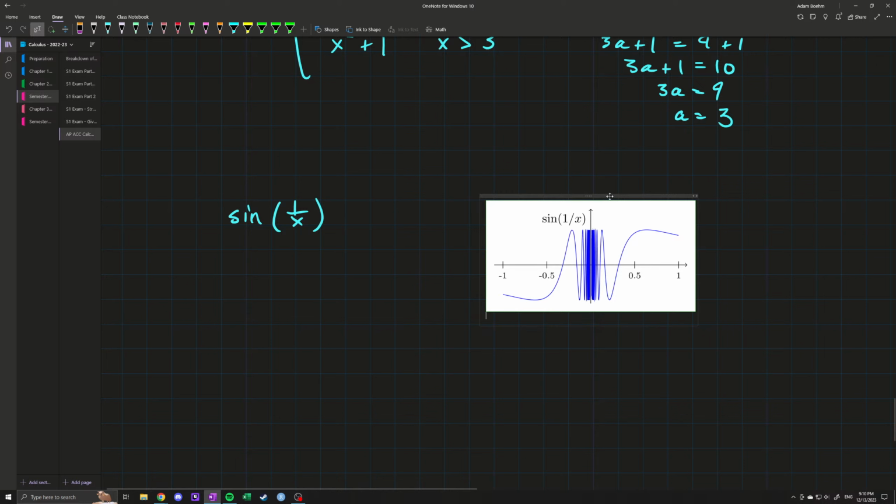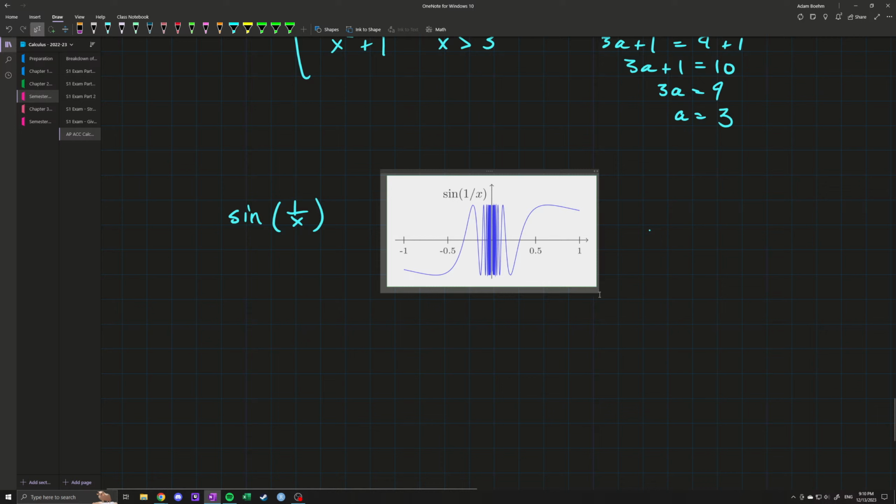Sine of 1 over x looks like this. An oscillation is just when something oscillates an infinite number of times in a really small space. As x approaches 0, this whole thing goes to infinity.